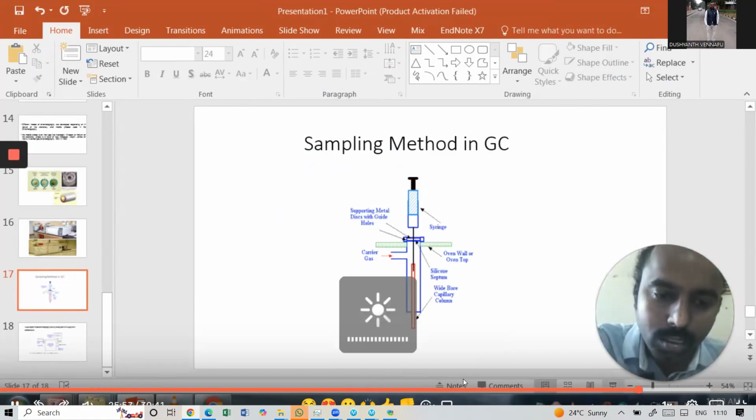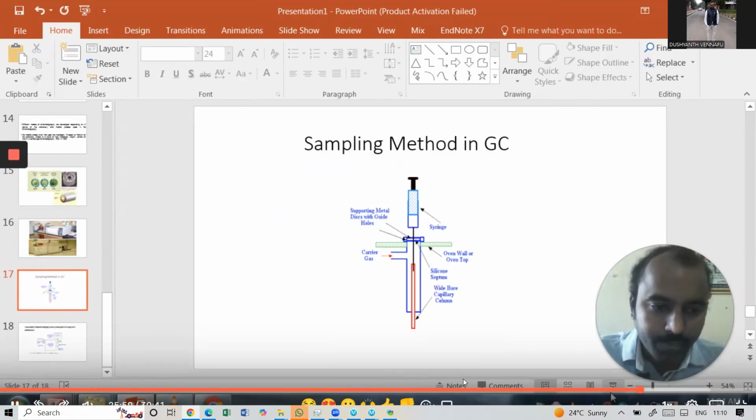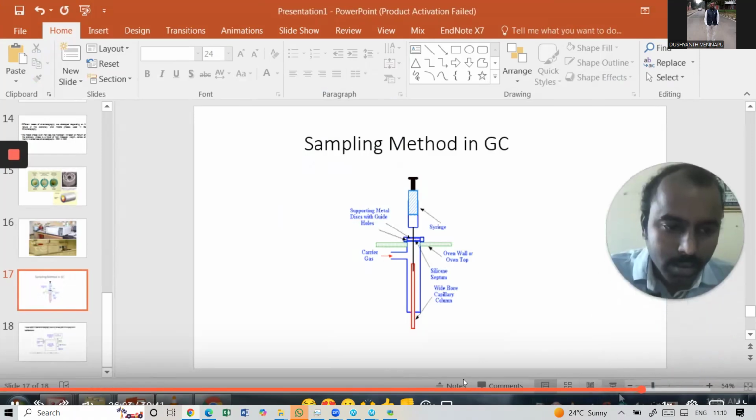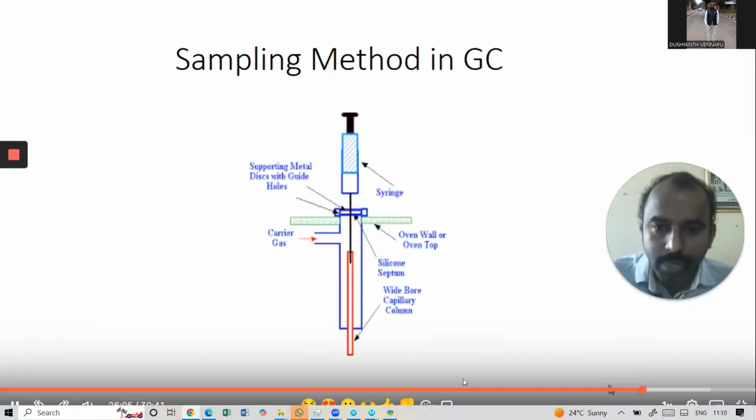Here, if you see, you use a Hamilton syringe to input your sample onto the column, where you have a carrier gas, that is your mobile phase. So let us see what happens in the system.